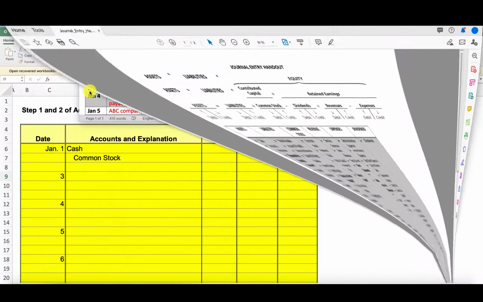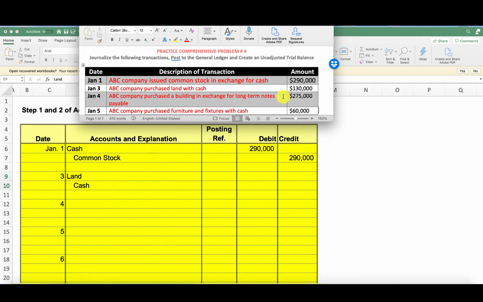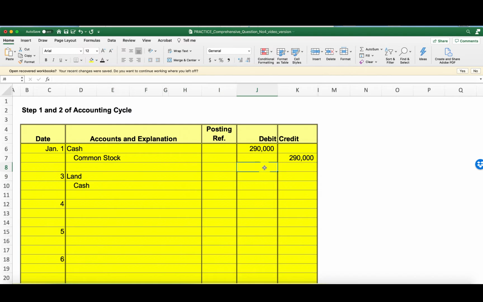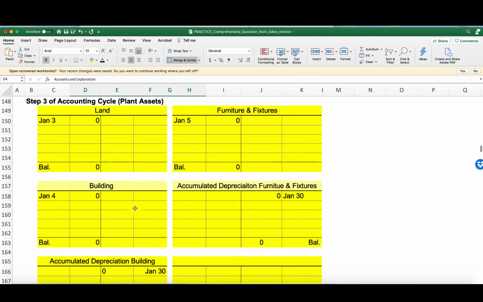All right. So I'm going to go ahead and put in my journal entry here. Land and cash. And it's for $130,000. And so 130,000 here, and 130,000 here. Okay. And I post that. So I go look down for the land account.